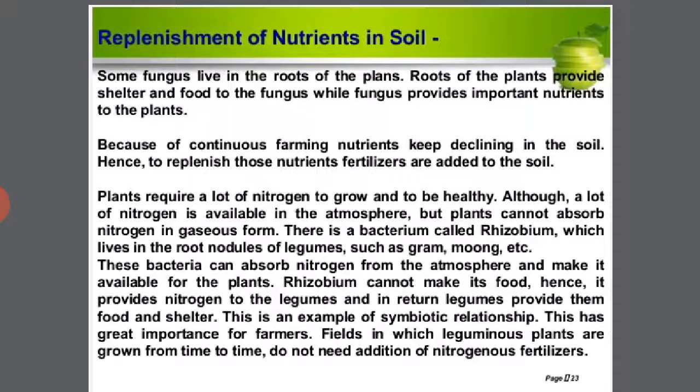Rhizobium can make its food, hence it provides nitrogen to the leguminous plants, and in return leguminous plants provide them food and shelter. This is an example of a symbiotic relationship. This has great importance for farmers' fields in which leguminous plants are grown from time to time, as they do not need addition of nitrogenous fertilizers separately.